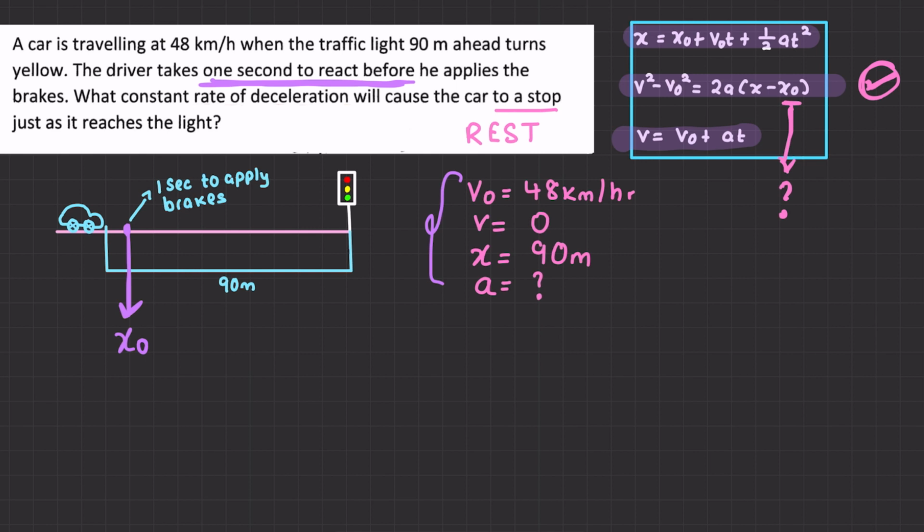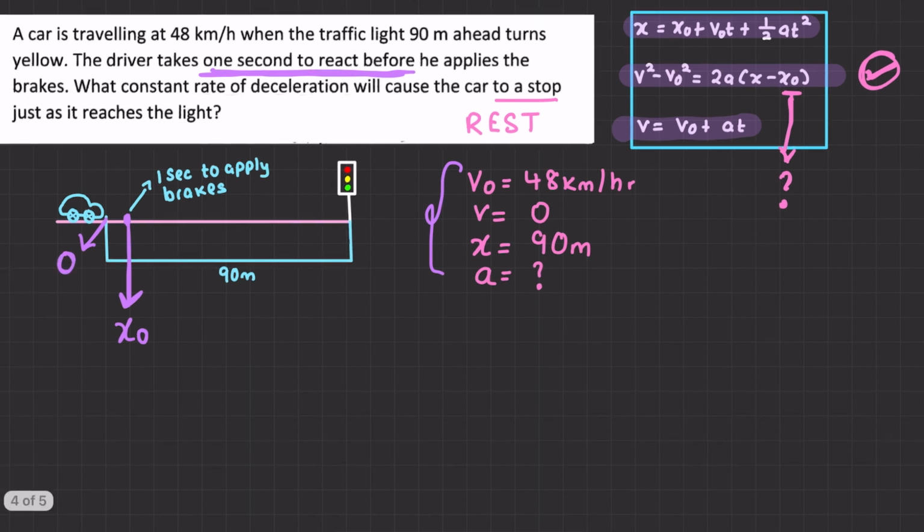If here is 0, where the initial distance starts is what? Well, we also know that his initial velocity is 48 kilometers per hour. That means that's the speed he started moving at this point, right? So we need to know how many meters he moves per second, like how many meters does he move after 1 second? So we have to change our initial velocity to meters per second, and that's very easy.